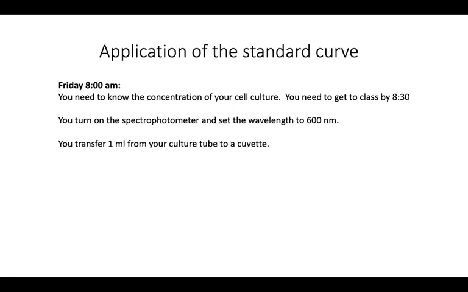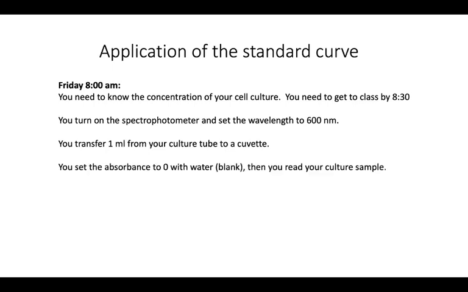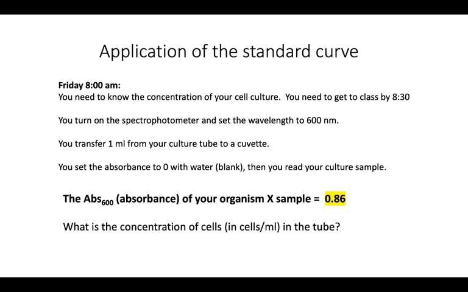You can transfer 1 mil from your culture tube into a cuvette. You set the instrument to 0 with water, and then you read your sample of yeast, and you find out that the absorbance is 0.86. Now, because you have previously created a standard curve for yeast, you can calculate cells per mil in your tube.